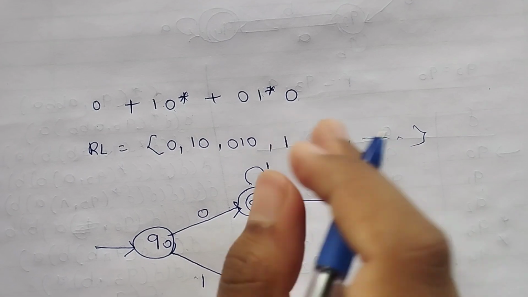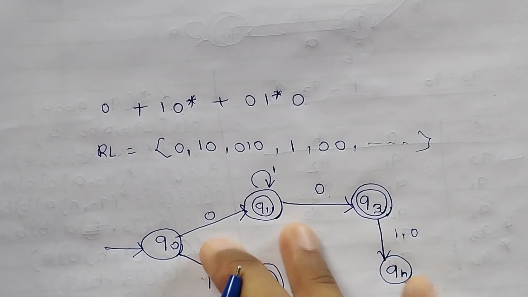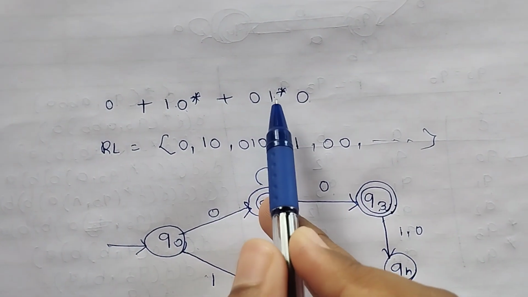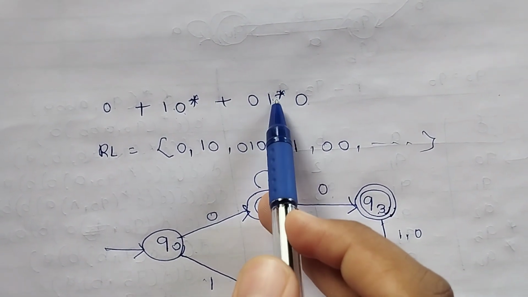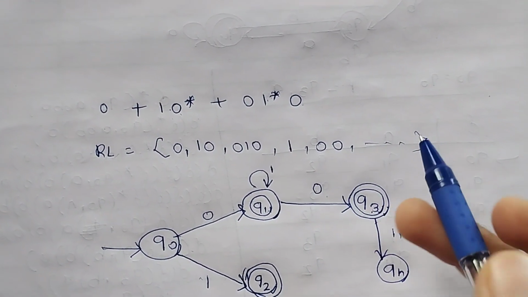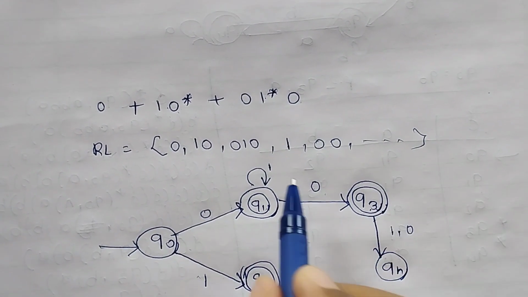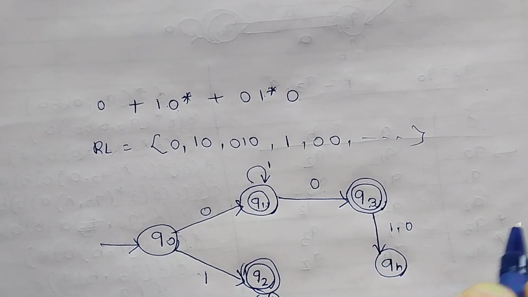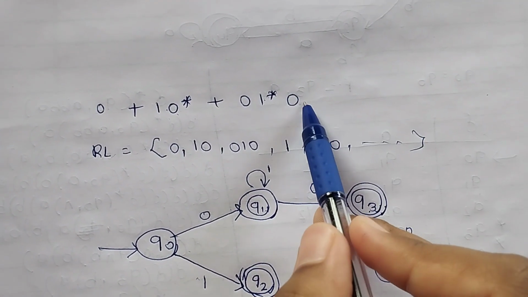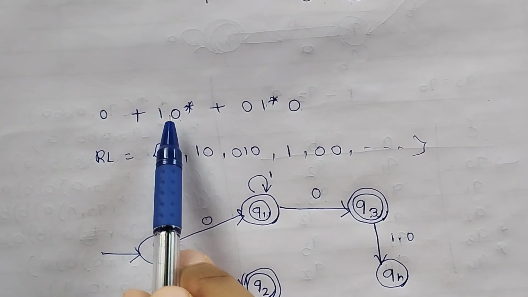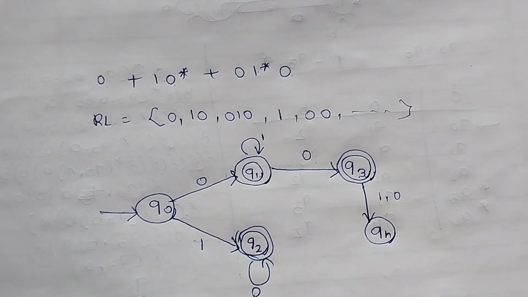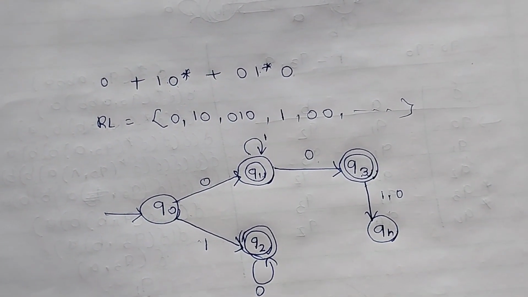Because the string starts with 0 and ends with 0. And only 2 zeros are compulsory, a third 0 is not allowed if we consider this string, because here only 1 star means n number of 1s is possible, but n number of 0s is not possible. So if more than 2 zeros come, then this is not an accepted state, it goes to the hold state. And 1 also, because this string always ends with 0, not 1. Now about this string, we complete all this 1 and 0.